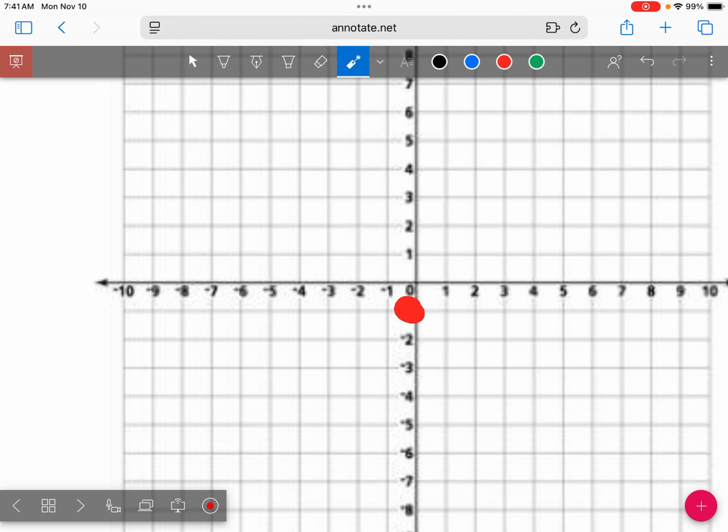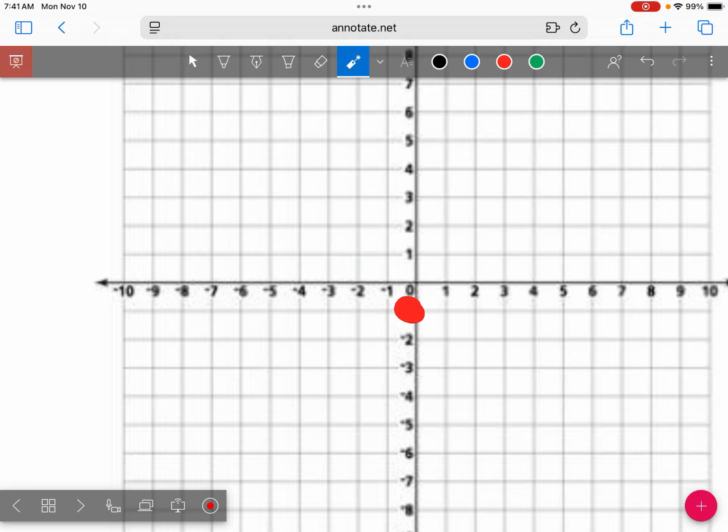From here, up 1, right 3. 1, 2, 3, draw a point right there. Repeat from that point. Up 1, right 3. 1, 2, 3, put a point right there. Repeat.